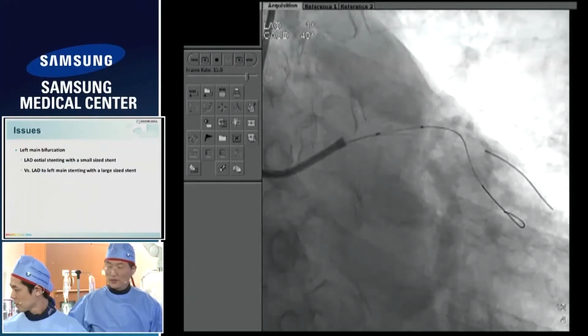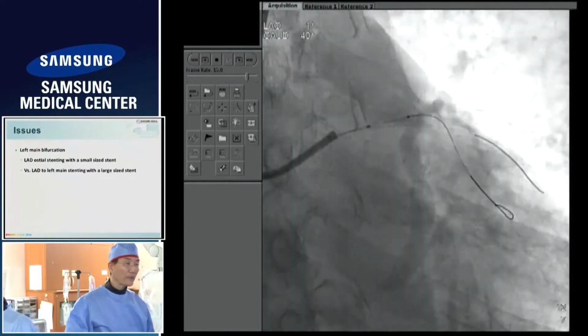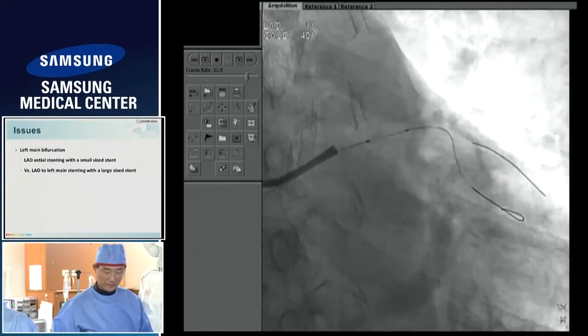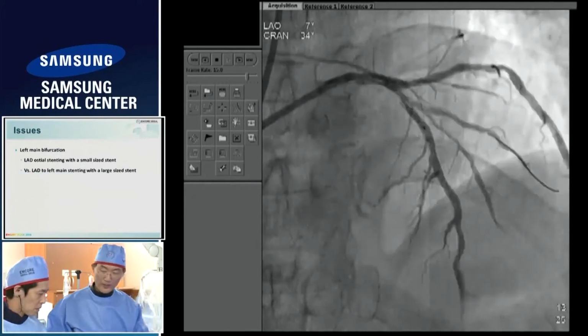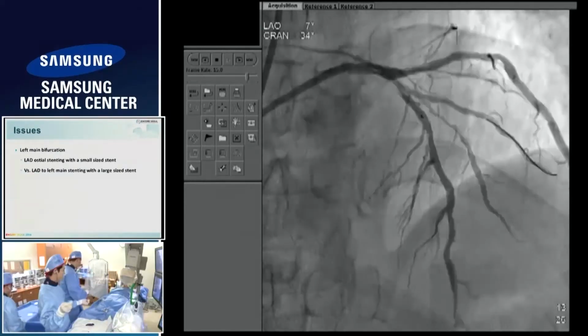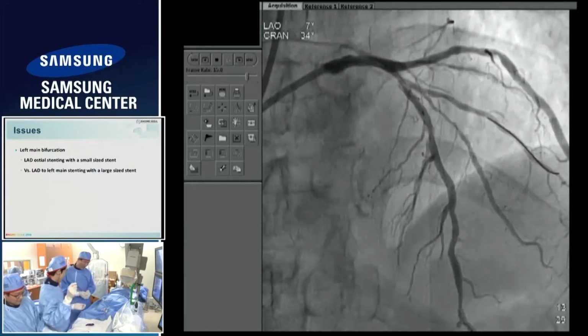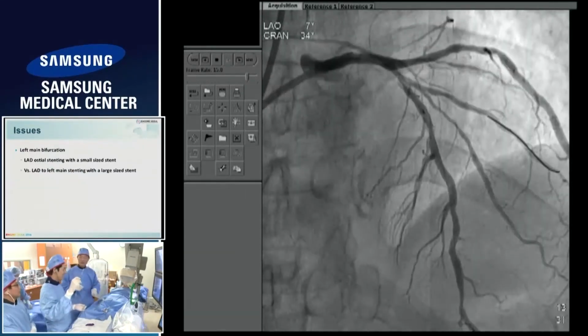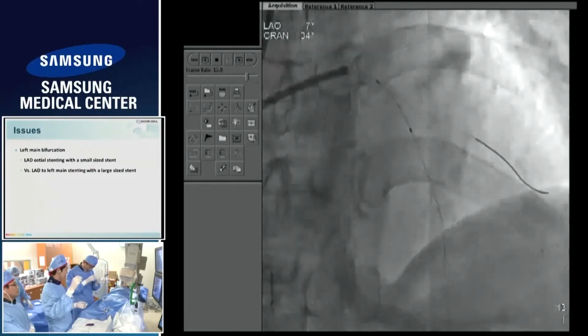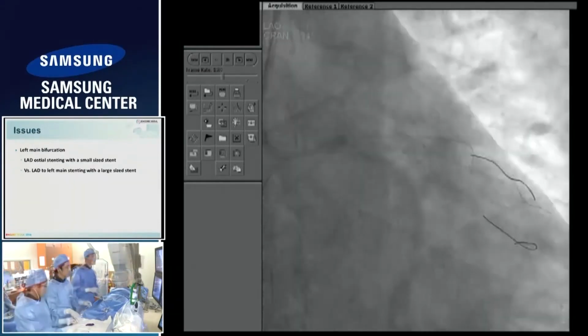So I start with the 3.0, 18 millimeter BVS. Maybe you can argue a lot for this procedure. I'm not sure I really can get the BVS, cross the first BVS in the LAD ostium. I'm not sure.